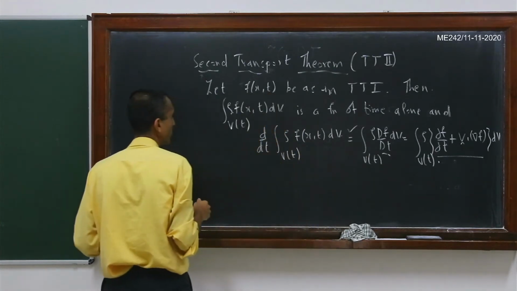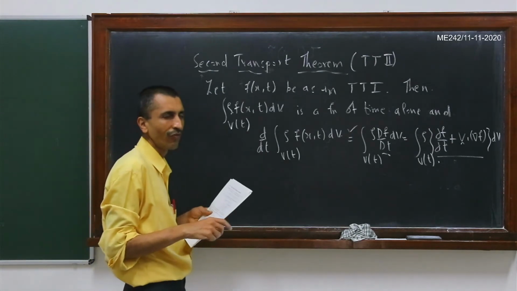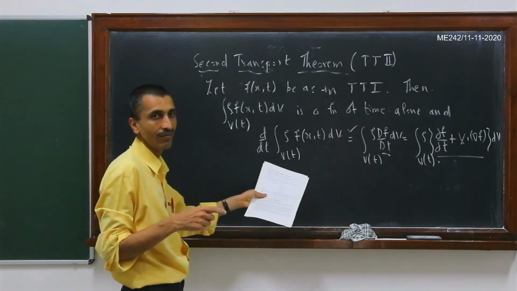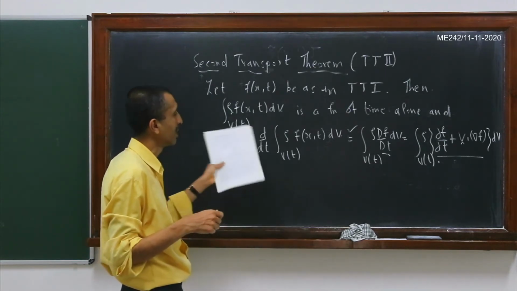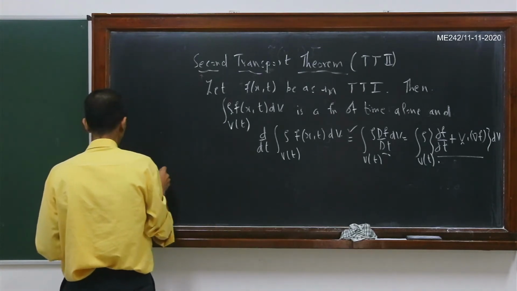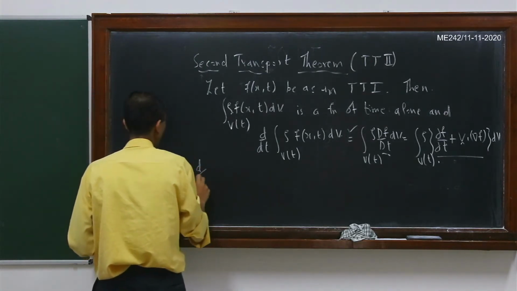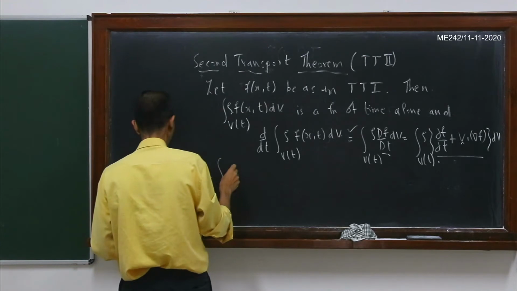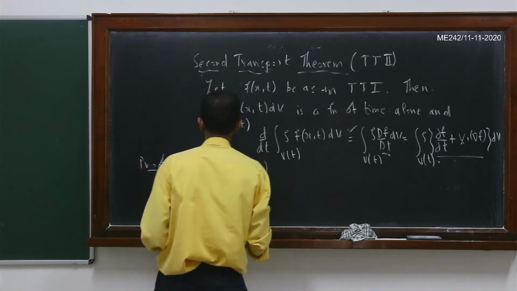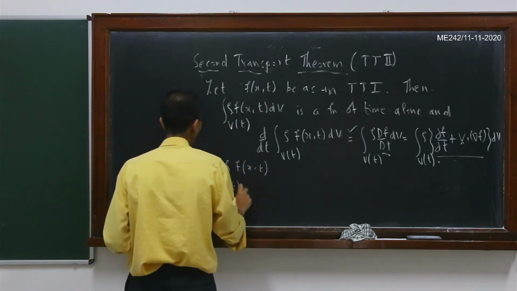So let us prove these statements. The proof is very similar to the way we proved the first transport theorem. We transform everything to V0, then take the derivative inside, and then again transform everything back to the deformed configuration here. So, proof: d by dt of the integral of rho times f of x comma t, which I need to write over v naught.